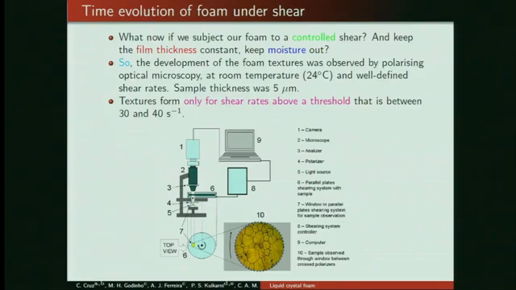You do controlled shear, you try to keep your film thickness constant throughout your experiment, you try to keep moisture out because these are ionic fluids and they're also hygroscopic. They suck up moisture from the air, and they may even be amphotropic, that is, both thermotropic and lyotropic.